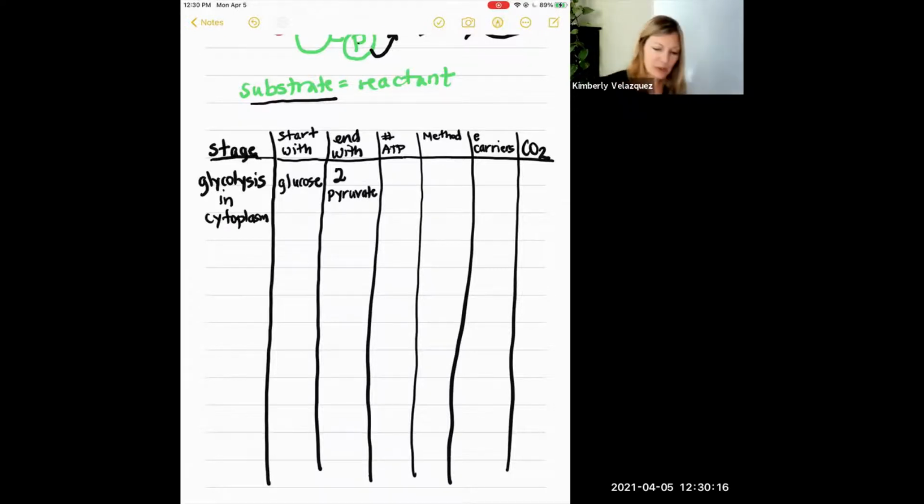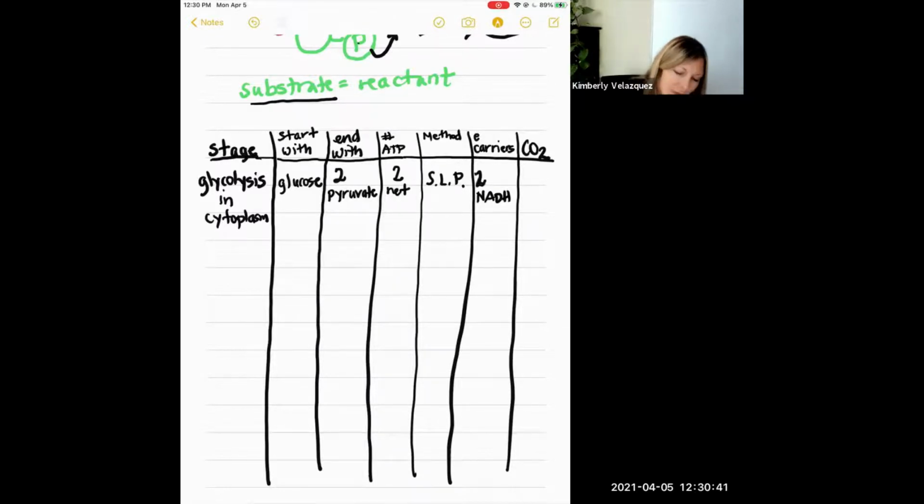Number of ATP produced, 2 net. Remember, we used 2 and made 4, but it's 2 net made by substrate level phosphorylation, which I'm just going to abbreviate SLP. Electron carriers, 2 NADH were made.